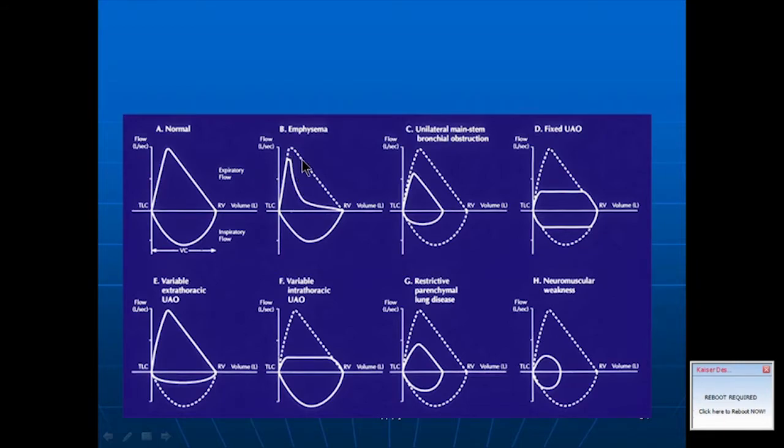Again, you can see that the flow gradually decreases in what is predicted, but in this one, the flow actually sharply decreases. So this pattern is what you need to know. This is an indication of an obstructive disease pattern. So that's your classic obstructive disease pattern, that dog leg pattern.